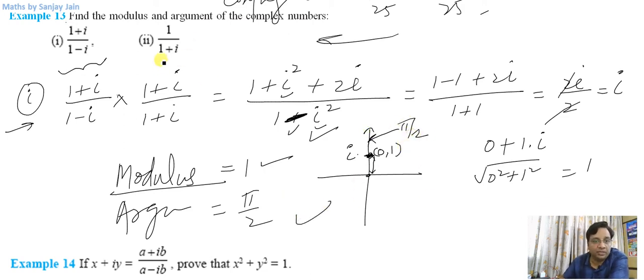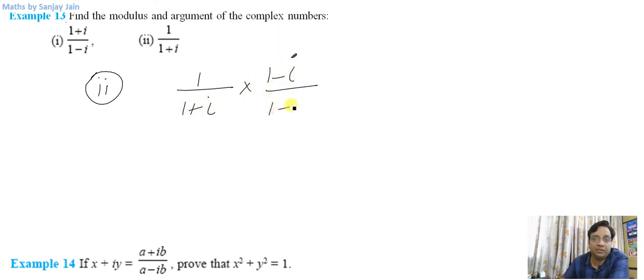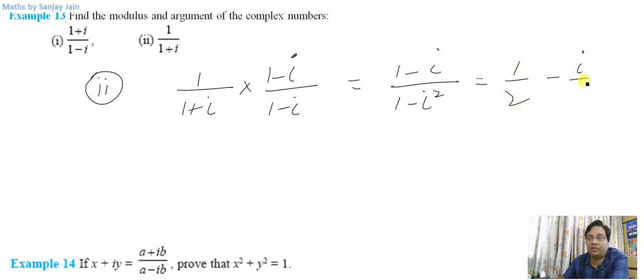Okay, let us look at the second part now. The second part is 1 over 1 plus iota, so I'll multiply and divide it with 1 minus iota, 1 minus iota divided by 1 minus iota squared, that is 1 by 2 minus iota by 2.